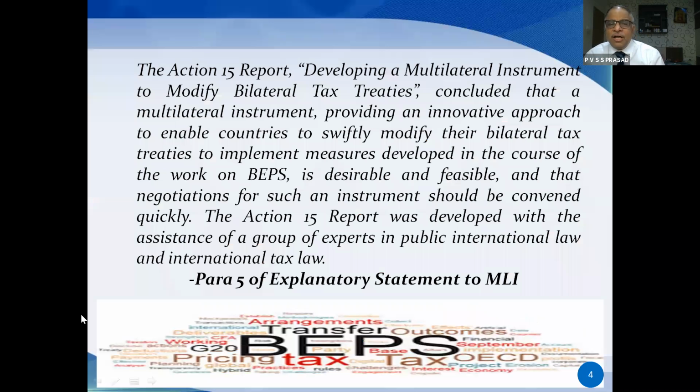And that is how the multilateral instrument is tried as the best option to bring out these amendments to all the tax treaties that exist in a very speedy manner.